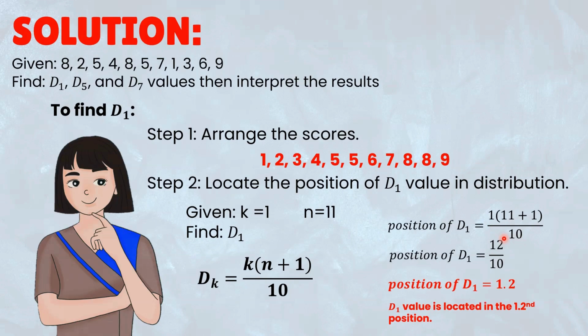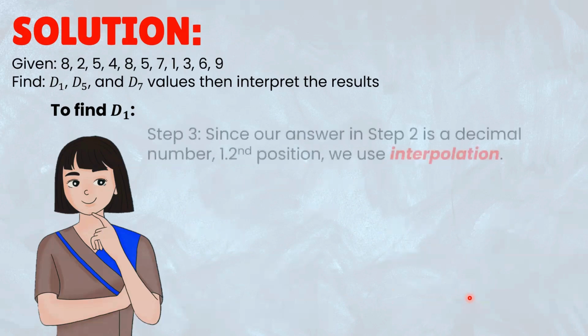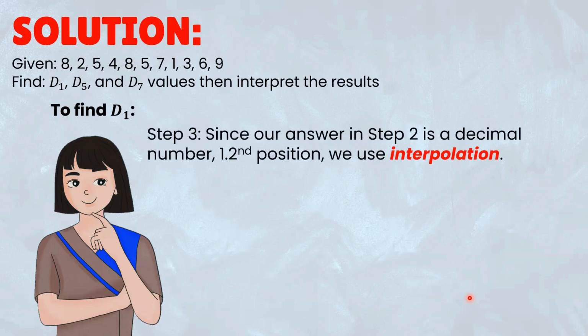Okay, so since our answer in step 2 is a decimal number, which is 1.2, we have to proceed to step 3, which is interpolation. So to perform the interpolation process, we have to first locate the 1.2 position based on our arranged values in step 1.